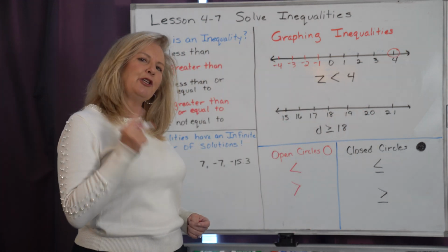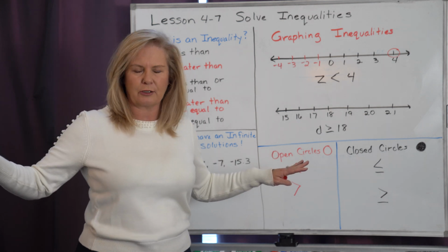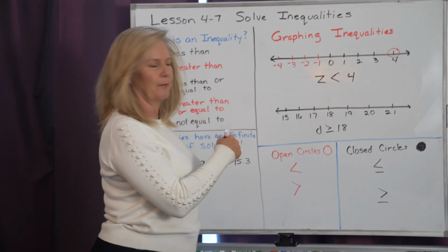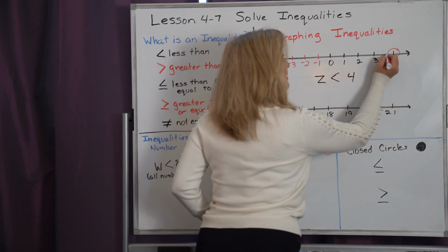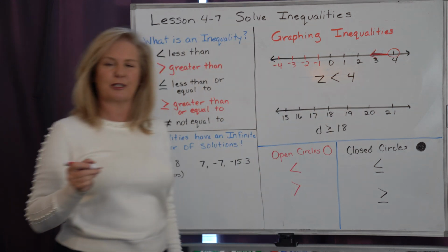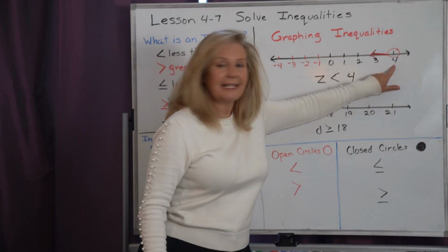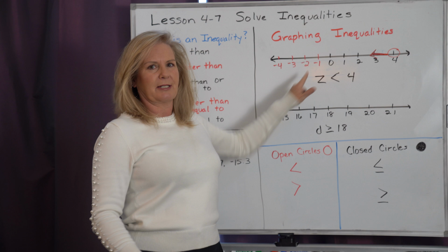And then I'm going to use an arrow to show which direction all the infinite solutions are lying on the number line. So I want all numbers less than 4, so then I can just do a small arrow pointing that direction. This means it doesn't include 4 as one of the solutions, but all the numbers less than 4 are included.